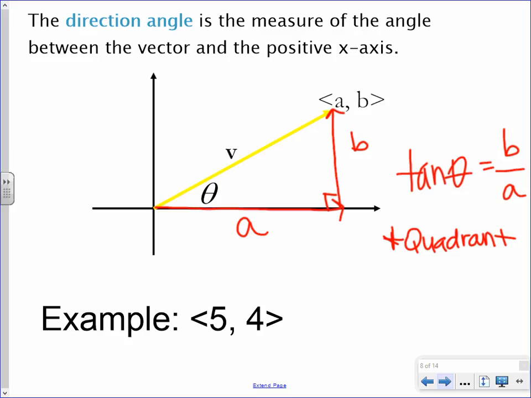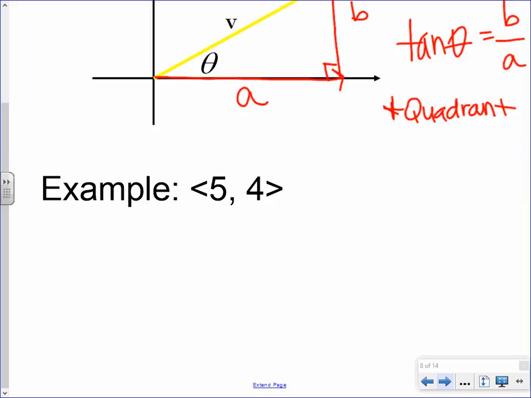All right, so we'll start off with a simple example. The vector <5, 4>. Here's a vector <5, 4>. We want to know the direction angle.